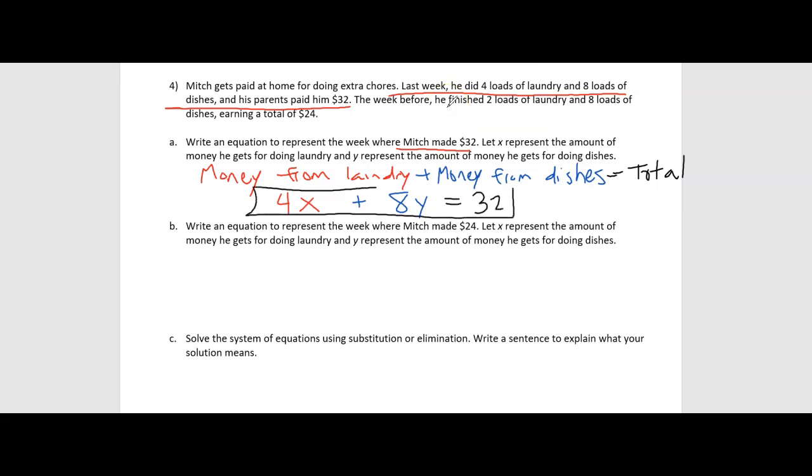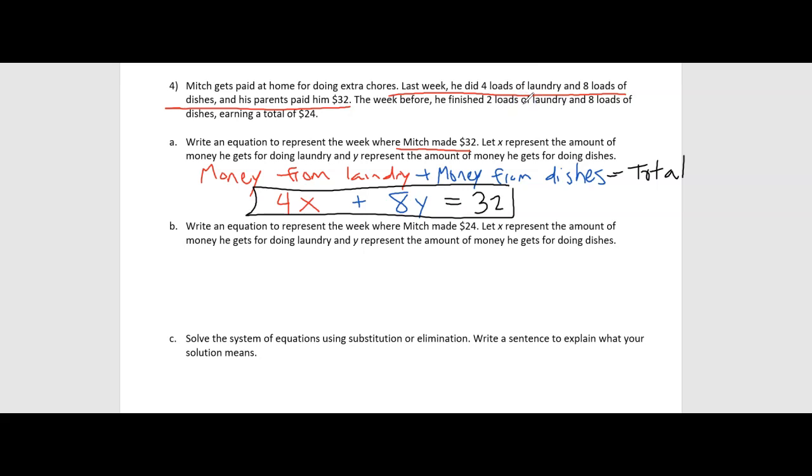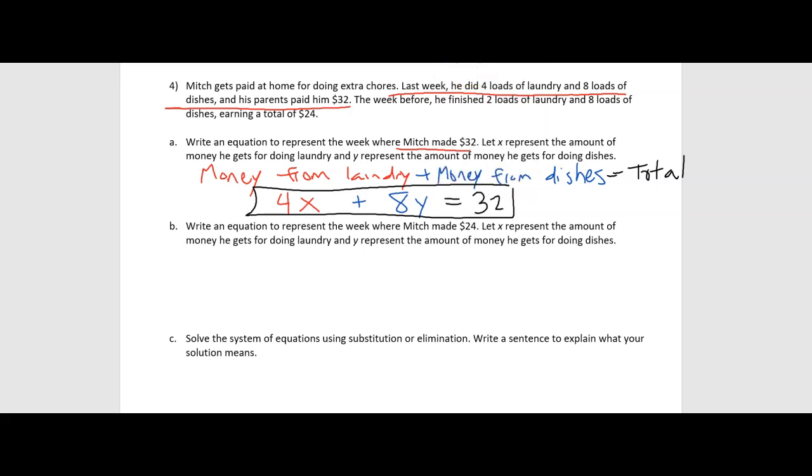So this is our first equation: 4x plus 8y equals 32. For the second week, again, similar setup. So the money from laundry, well, he did 2 loads of laundry, so 2x. He did 8 loads of dishes still, so 8y. The total this week was only 24.